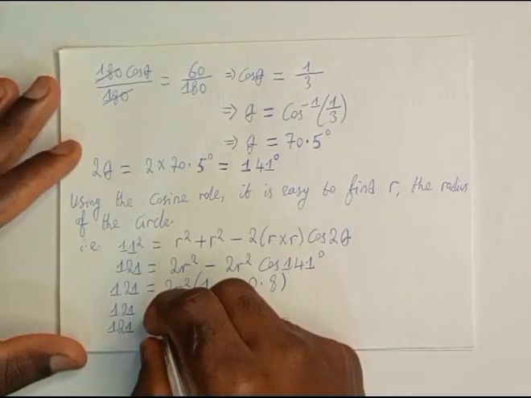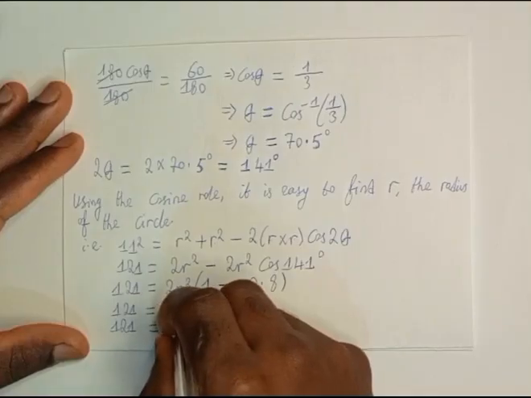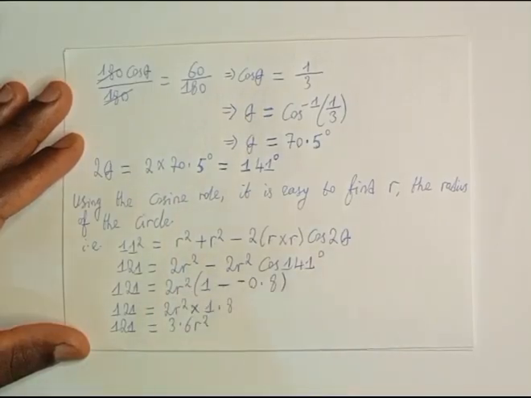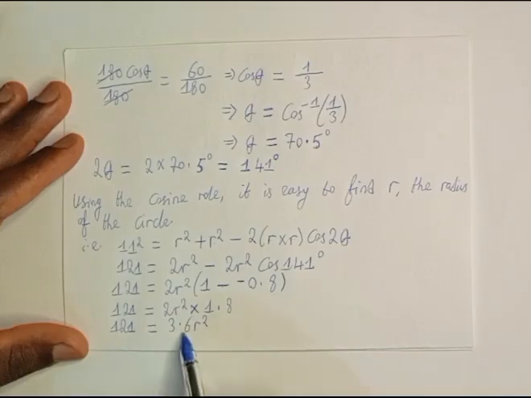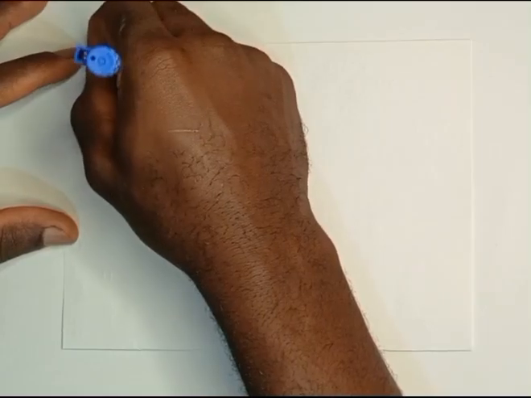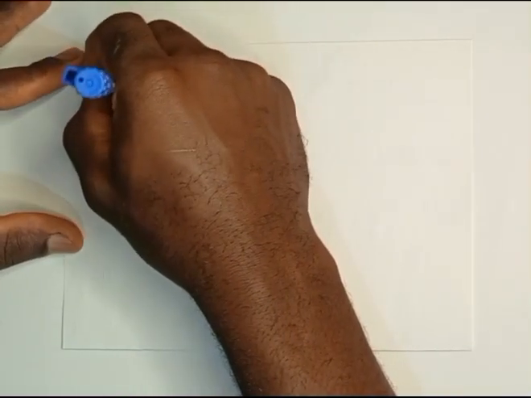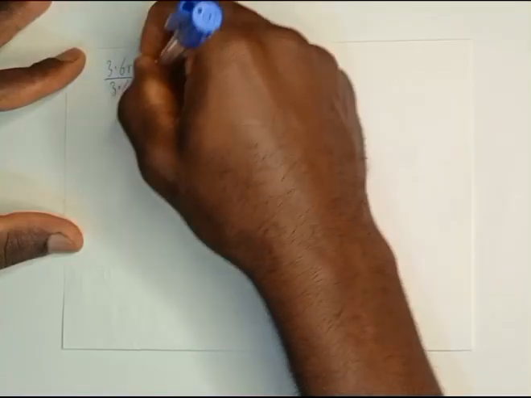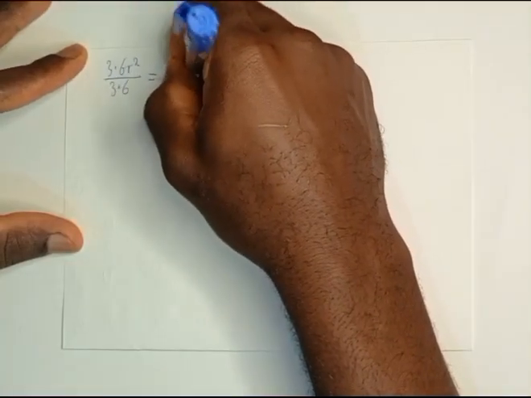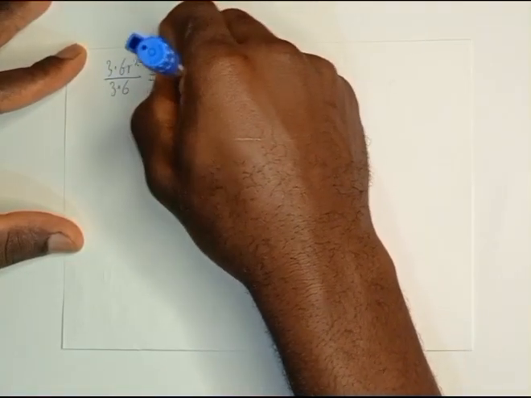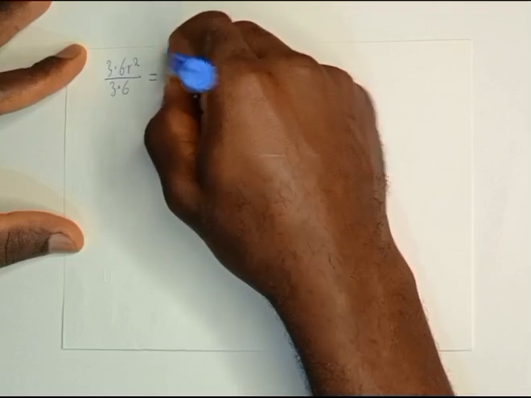It gives us 3.6 r squared. Next step, we are going to divide all through by 3.6. Make r squared the subject of formula. 3.6 r squared divided by 3.6 is equal to 121 divided by 3.6.